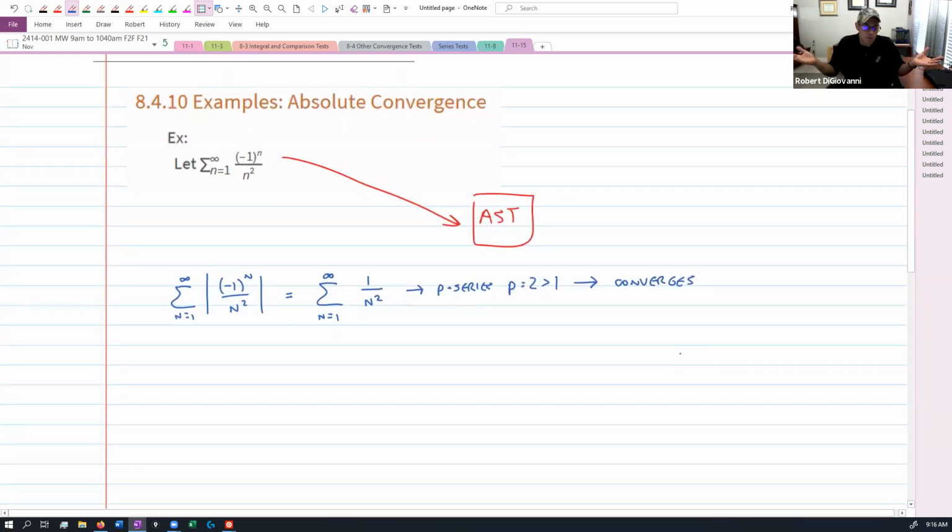So who cares, right? Well, all we can say now is this: therefore, the original series, I'm not going to conclude right now that the original series converges, okay? What I'm going to say is that the original series is absolutely convergent.